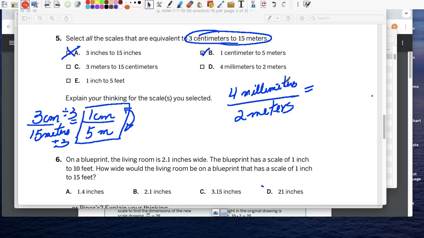Remember, 10 millimeters equals 1 centimeter. So let me set up a ratio here. Remember that? King Henry died by drinking chocolate milk. Remember changing that in 3rd grade or 4th grade? So we're going to change millimeters to centimeters.